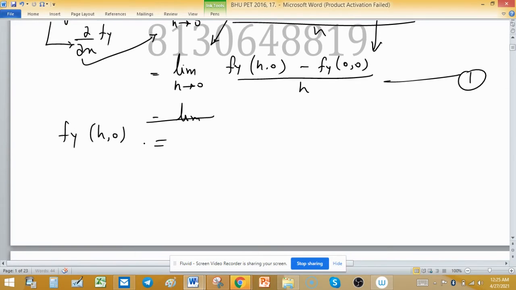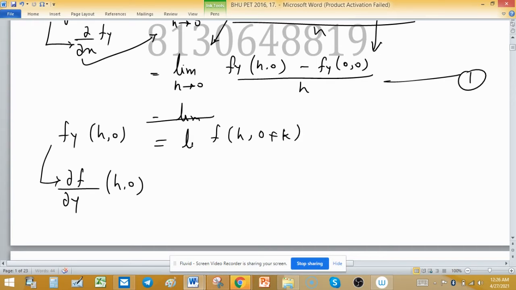So fy h comma 0 means the partial derivative of f with respect to y at the point h comma 0. This is the simplest meaning of this. So write f of h comma 0 plus k, limit k tends to 0, because we are finding partial derivative with respect to y.